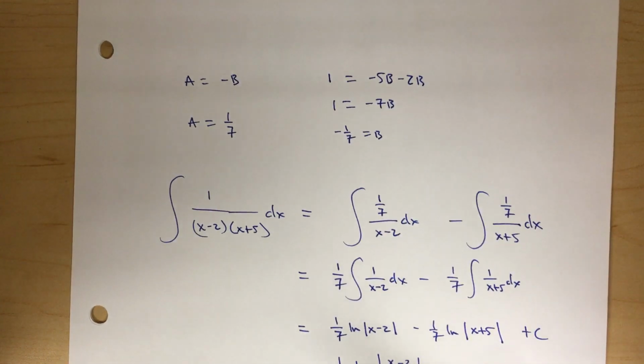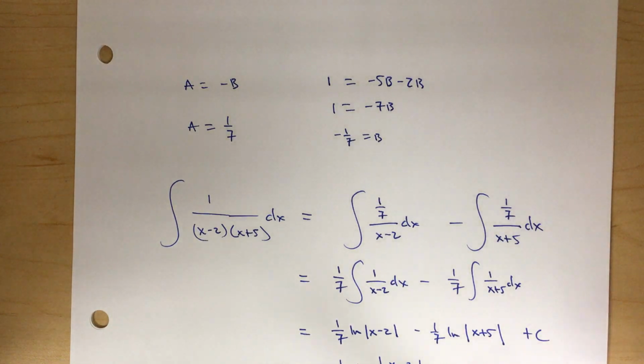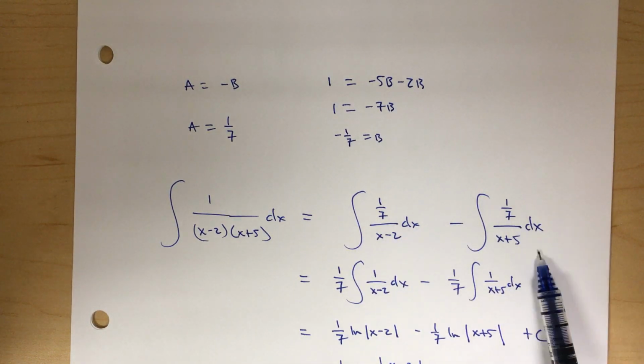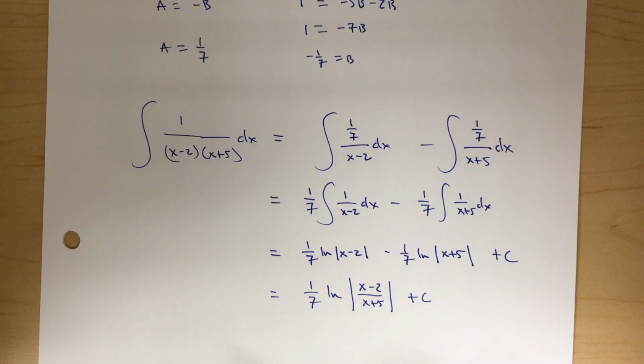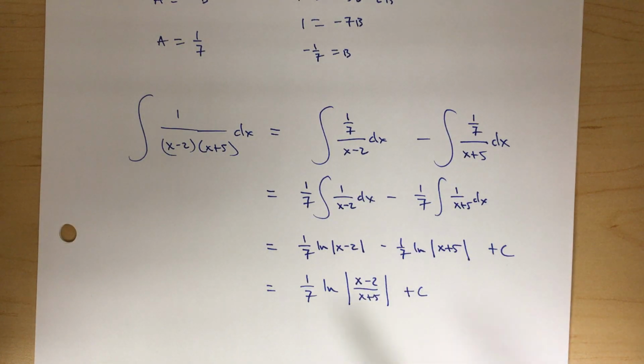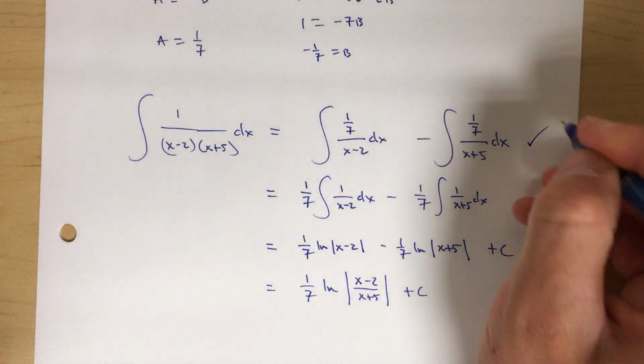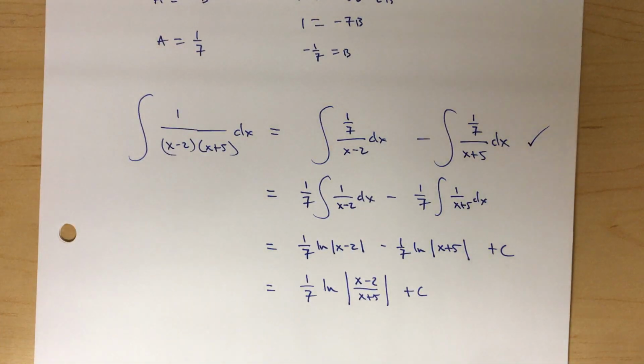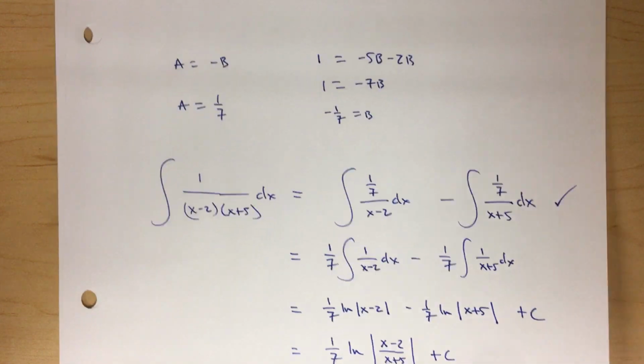We were able to find a as 1/7 and b as negative 1/7 and write this integral as the sum of two integrals we know how to find the antiderivative of, and then we simply antidifferentiated. So from here on is review. And really it's just a bunch of algebra that you kind of have to believe, but you could check that to see if you believe.